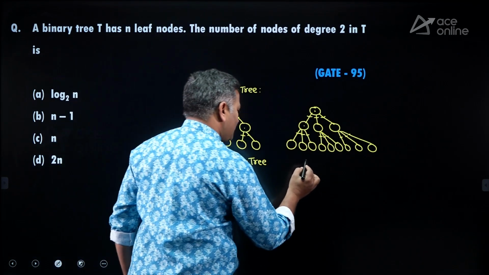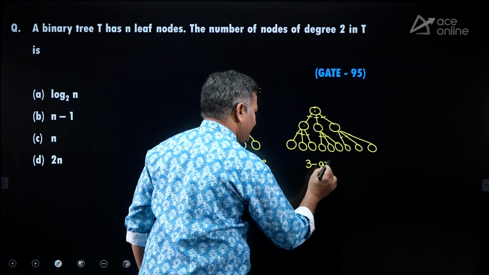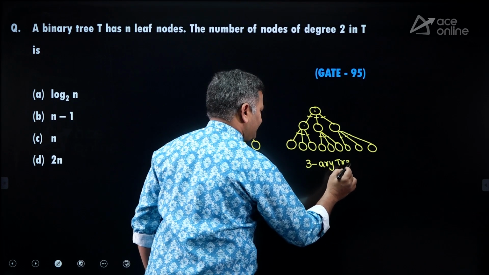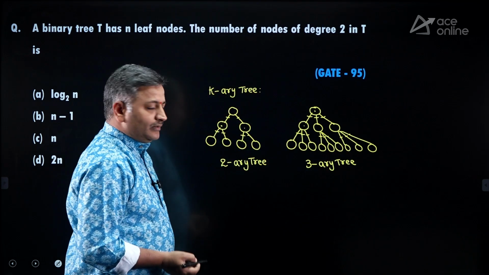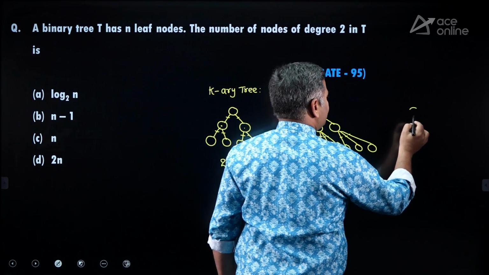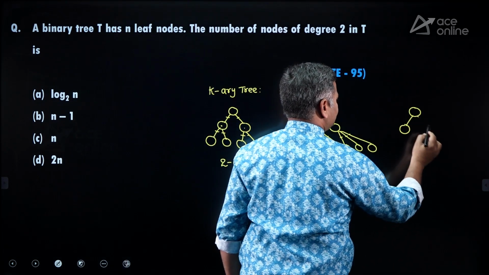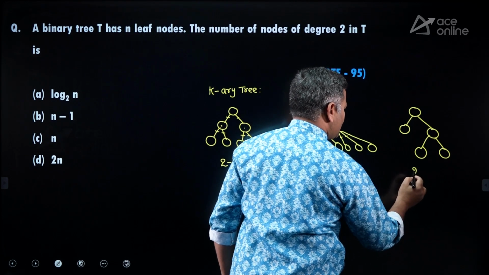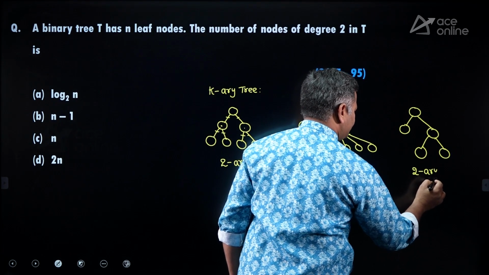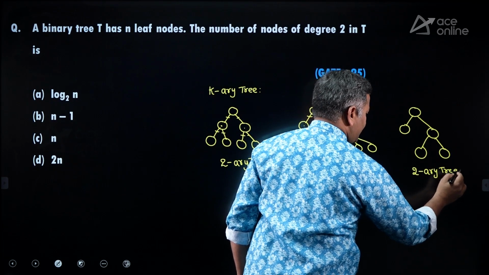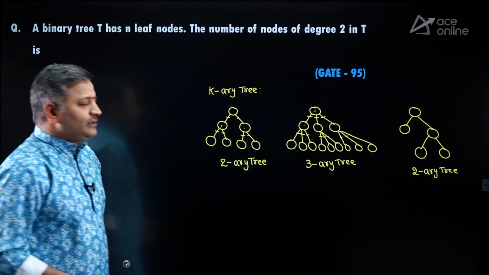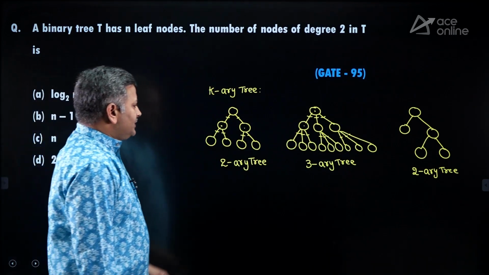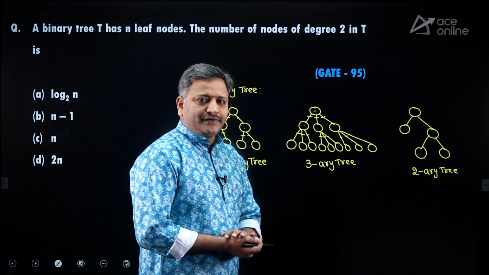So this type of tree is called a 3-ary tree. I can also draw a 2-ary tree in this format. It is also called a 2-ary tree, because every internal node has exactly 2 children, okay. So this is the way you need to understand the definition of K-ary tree.